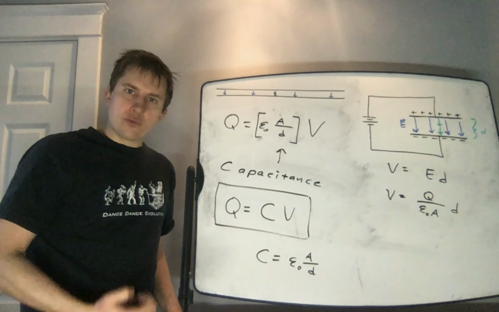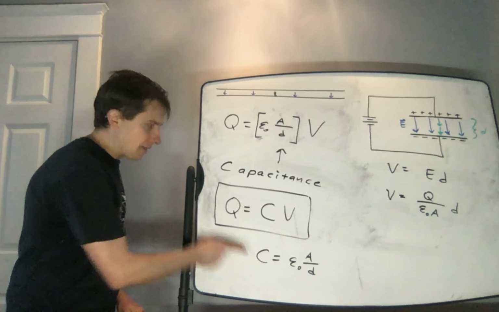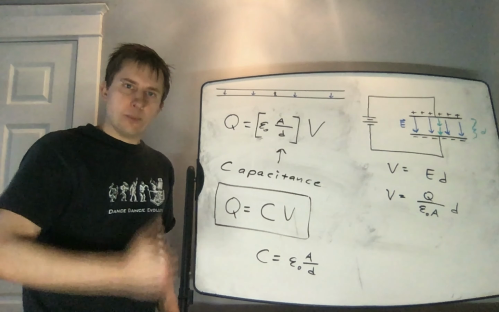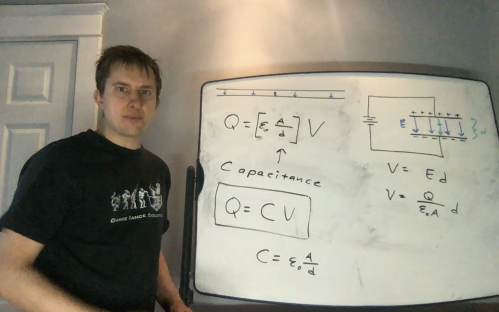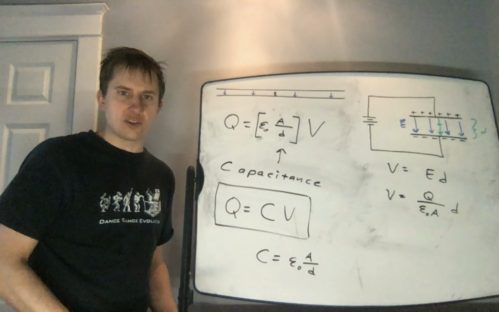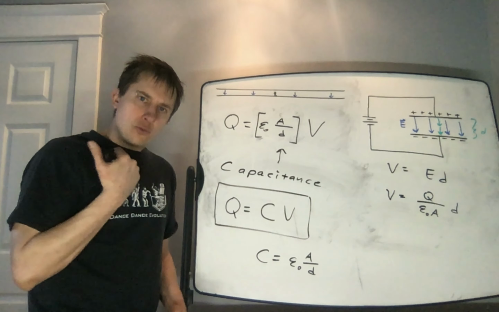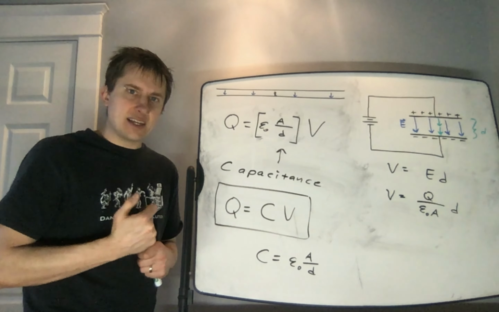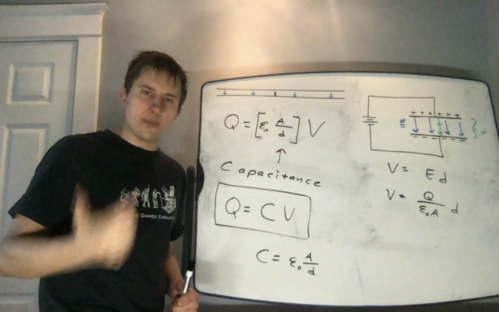If we are working with a parallel plate capacitor, then the capacitance is described by epsilon naught A over D. But just as a heads up, there do exist capacitors of other shapes, and those other types of capacitors have their own equation that describes their capacitance. Now, one thing I want to say about capacitance is notice that the terms in the capacitance are purely geometrical.